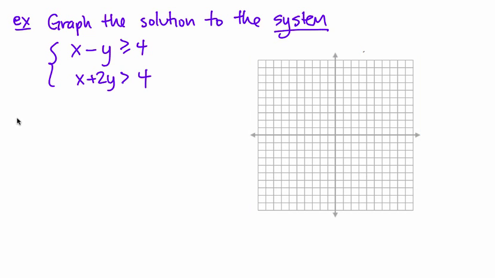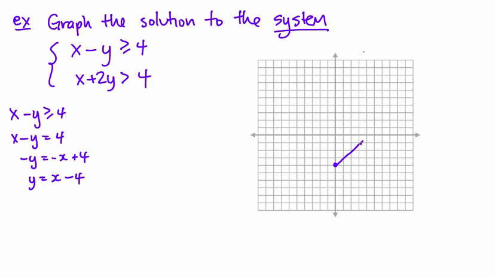So let's start by graphing x minus y is greater than or equal to 4. I think about it as just an equal sign, and solve for y, dividing everything by a negative. And so I have minus 4 with a slope of 1, and this is a solid line. So it goes up this direction and down in this direction.